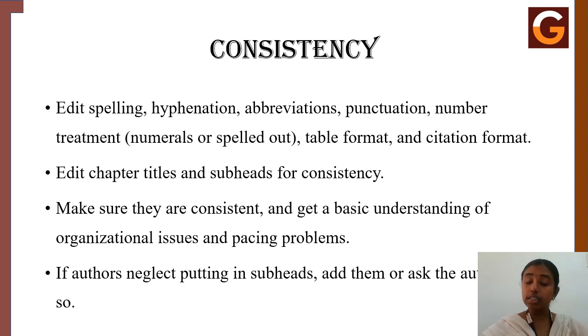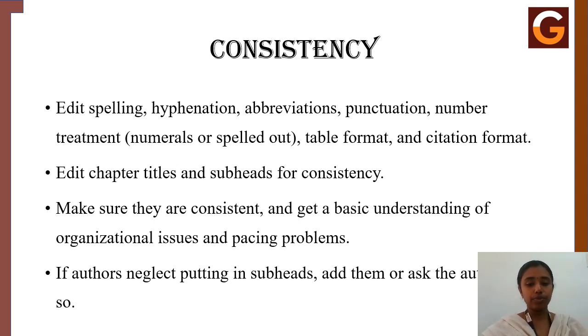So the subheadings also need to be given. The consistency of the subheading should also be looked into, and the subheading or chapter title should match with the text itself. So that is the most important thing. So the content of that paragraph and the title given to that should be correlated.